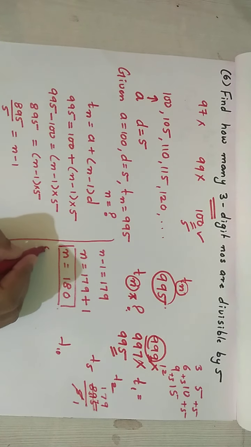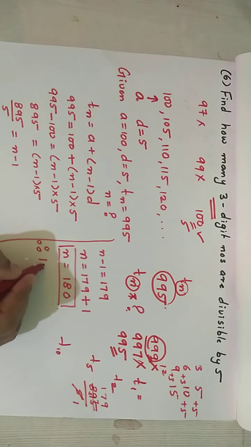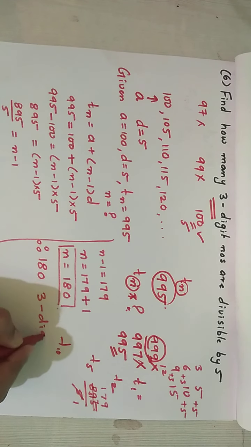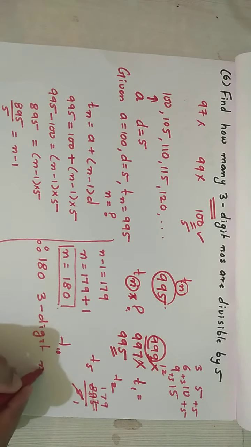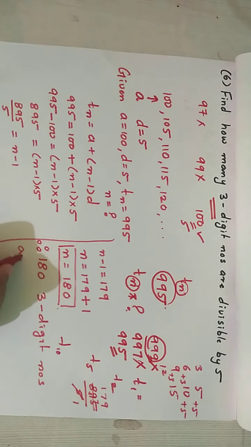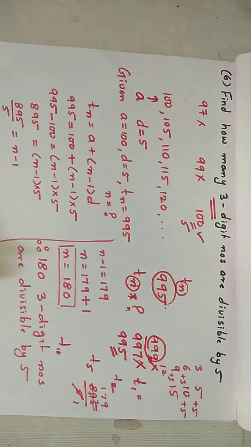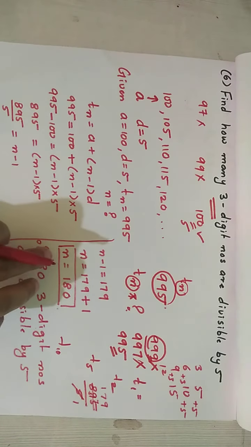So write down the final answer. Therefore, 180 3-digit numbers are divisible by 5. So this is the answer.